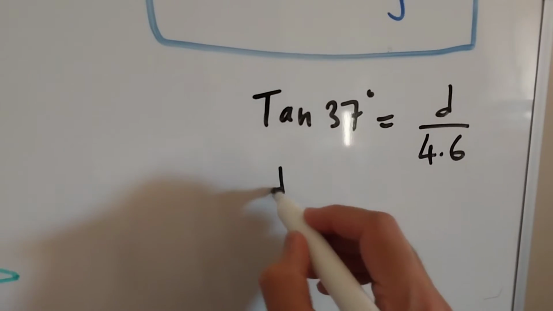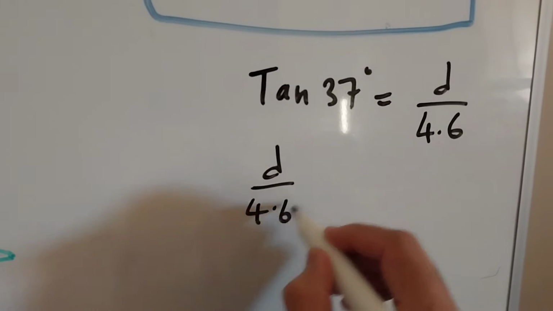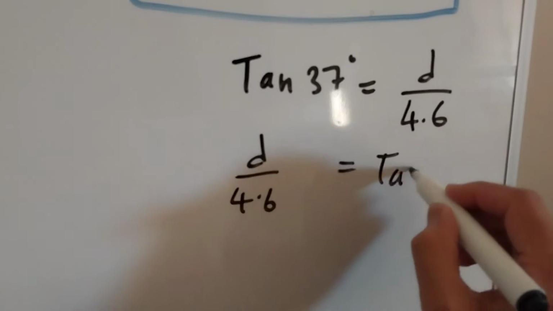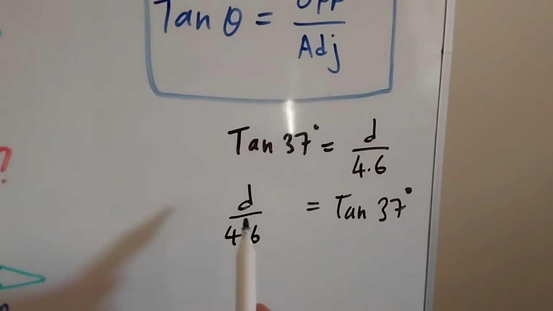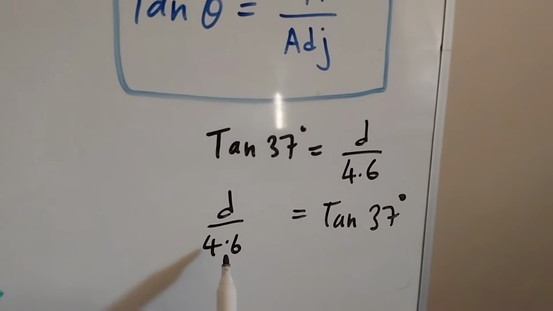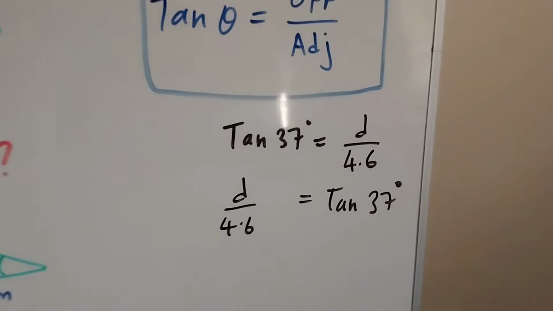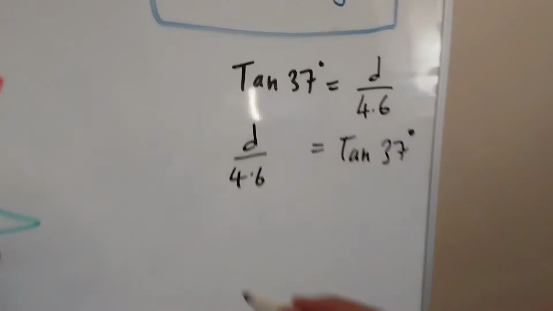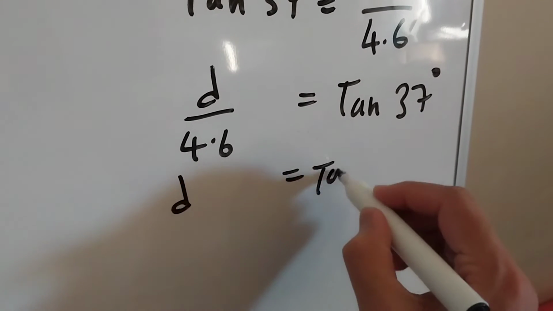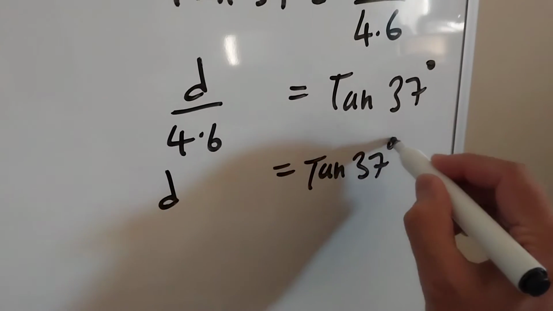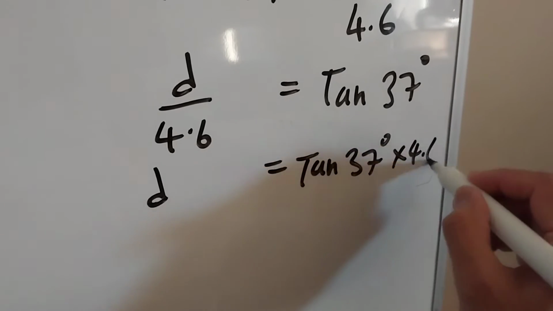So D divided by 4.6 is equal to tangent of 37 degrees. To find the value of D, we can remove 4.6 from here. It is dividing on the left hand side, so on the right hand side it is going to multiply. So the value of D would be equal to the tangent of 37 degrees multiplied by 4.6.